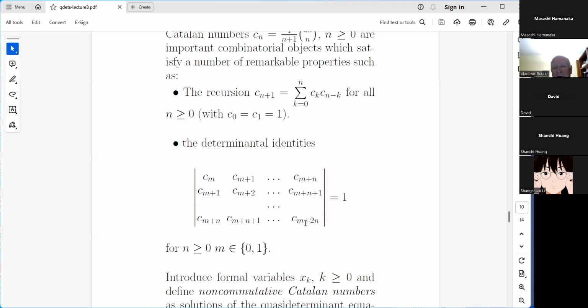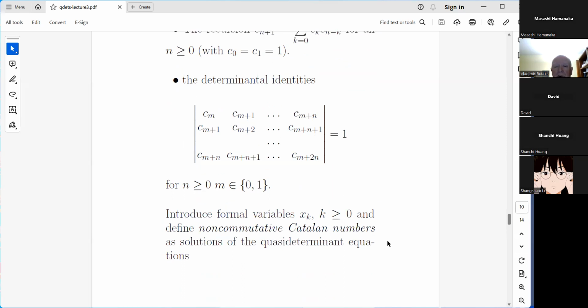Again, in the classical case, you will get 1 as well. But now we don't want 1. We introduce an infinite sequence of formal variables.